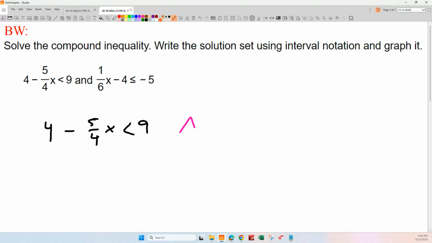And so I'm going to make my and symbol. So remember that a lot of times when we have an and compound inequality, it'll start off as a triple inequality, something like this.